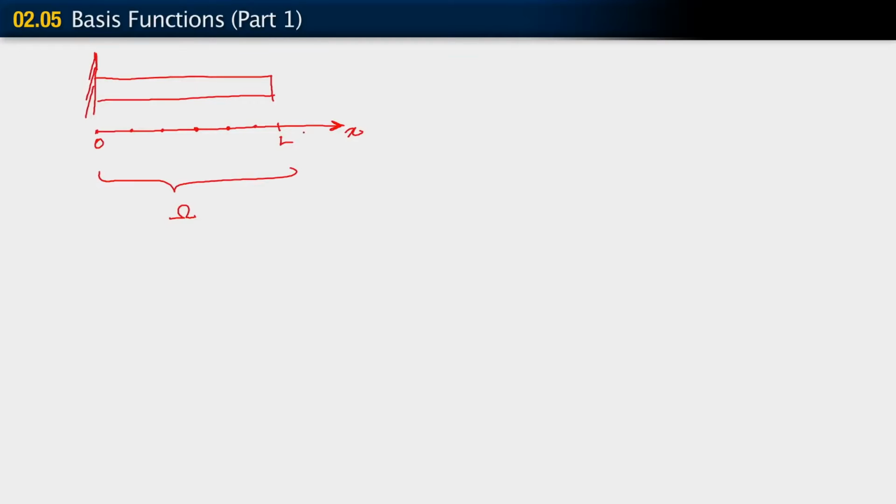We've partitioned it into subdomains, each of which is denoted as omega sub e, indicating an element. The nodes that we have used are labeled x1, x2, and so on. In general, this would be the point xe, and that would be the point xe plus 1.